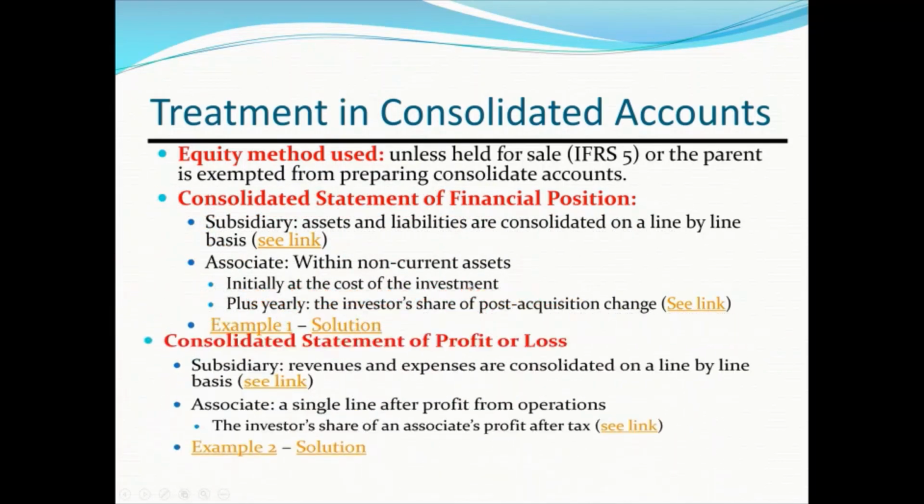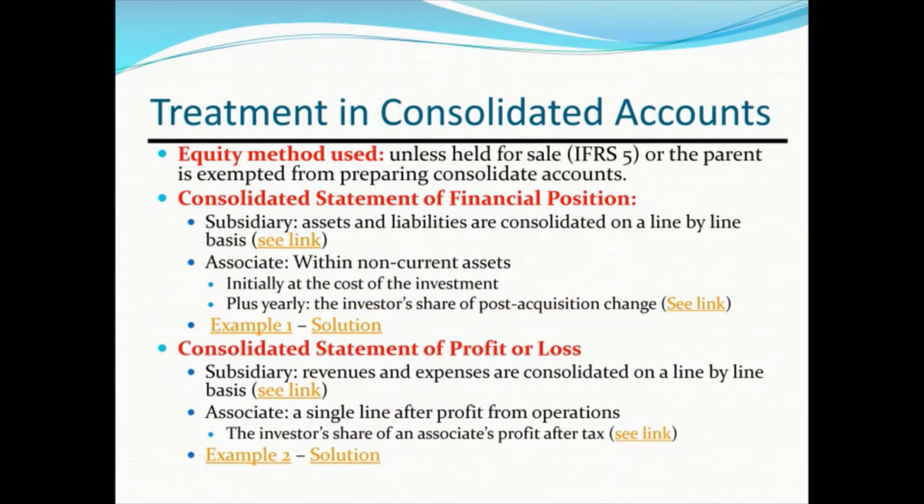We'll move now to the use of the equity method in the preparation of the consolidated statement of profit or loss. For the subsidiary, the rule here is that all revenue and expenses are consolidated on a line-by-line basis.